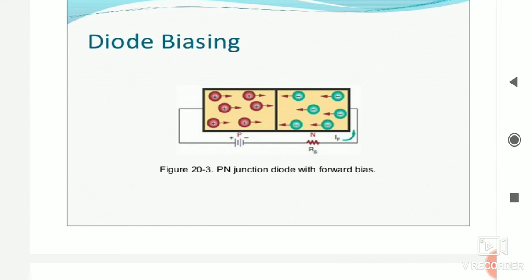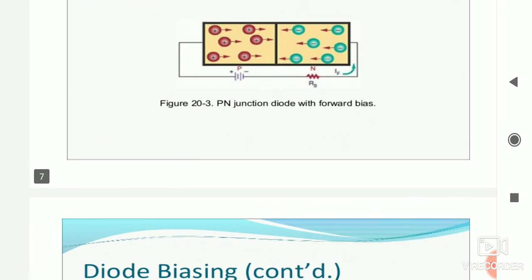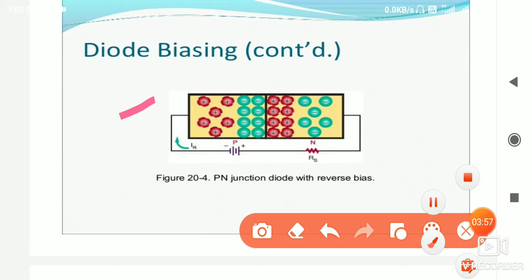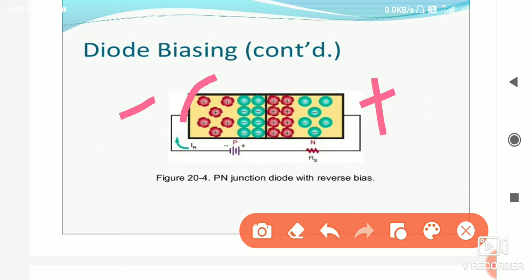In case of reverse biasing, what will happen? In reverse biasing there is negative voltage on the p side and positive on the n side. Due to the negative, all holes are accumulated at the p terminal, and all electrons are attracted and accumulated at the n terminal.